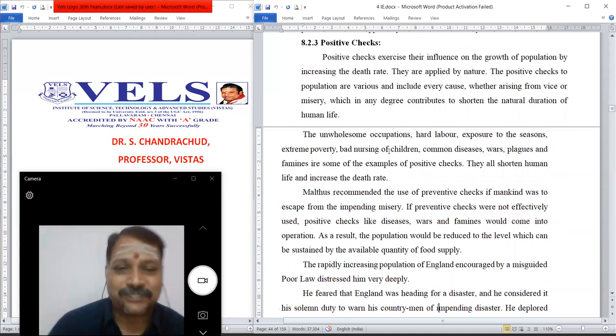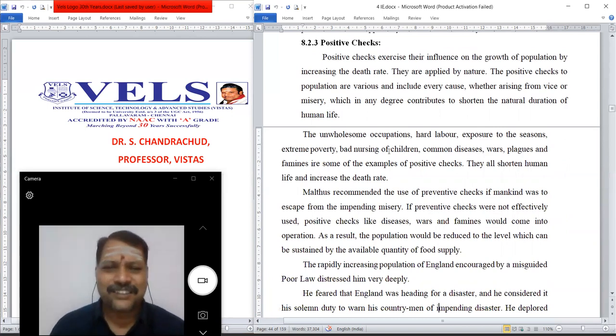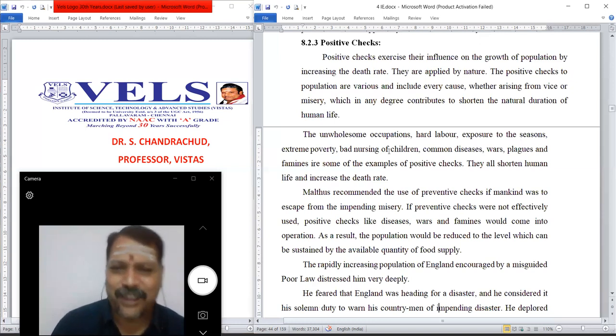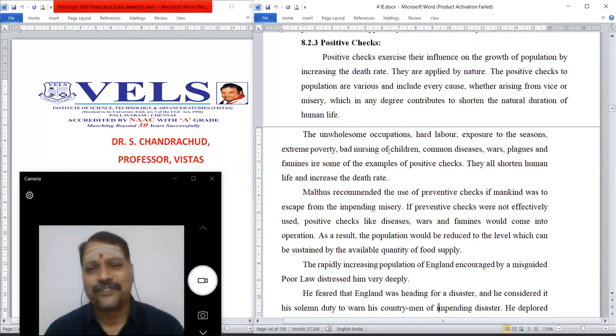Unwholesome occupation, hard labor, exposure to the seasons, extreme poverty, bad nursing of children, common diseases, war, plague, or famine: all these things are examples of positive checks. They all shorten human life and increase the death rate.